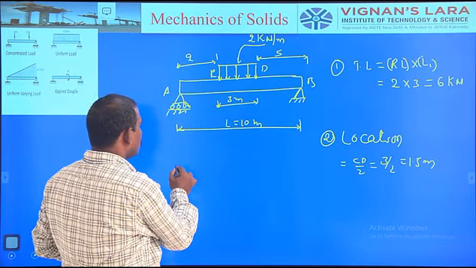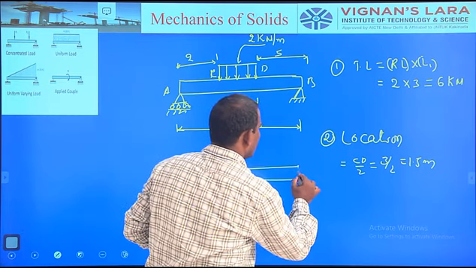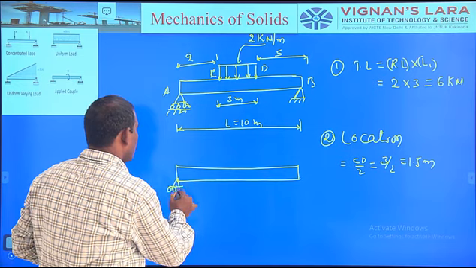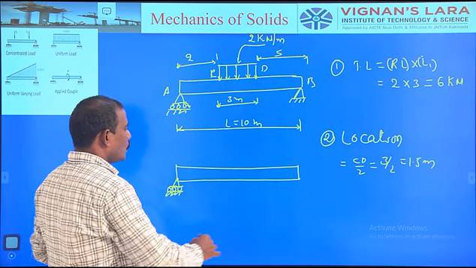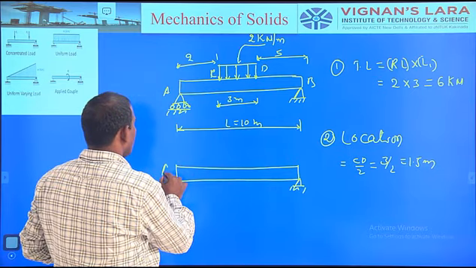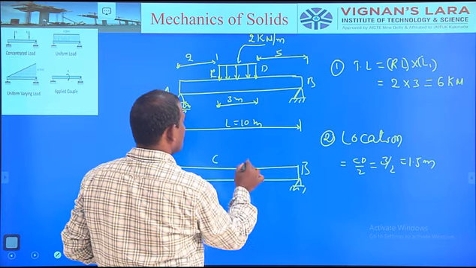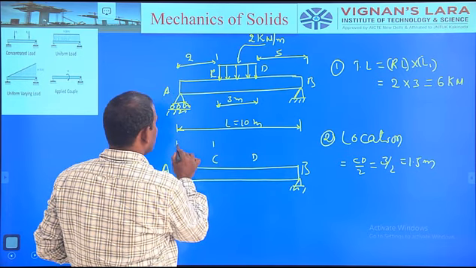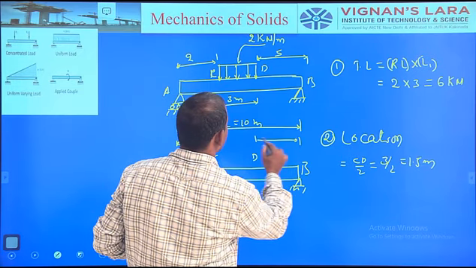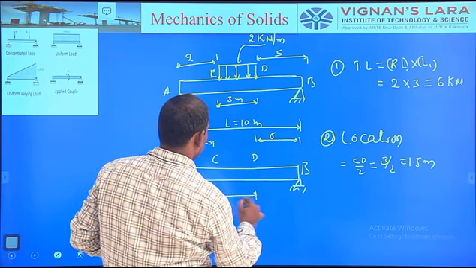Finally, I would like to redraw the same beam with the converted loads. So this is A, this is B, this is C, this is D, so this is 2 meters, then 5 meters, and the rest is simply 3 meters.